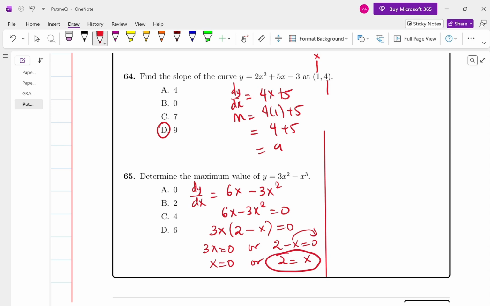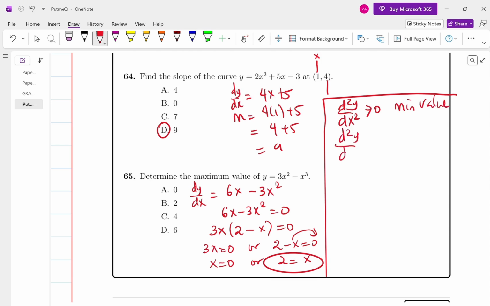Let me give you the condition here, but I'm not going to use it. d squared y by dx squared is greater than 0 if you have a minimum value, and d squared y by dx squared is less than 0 if you have a maximum value.